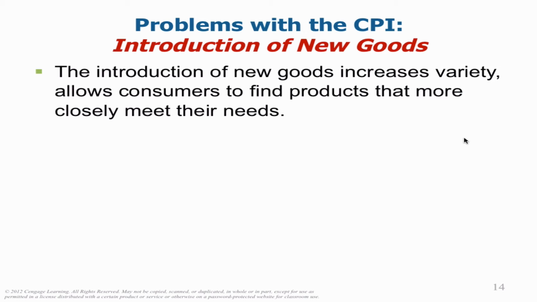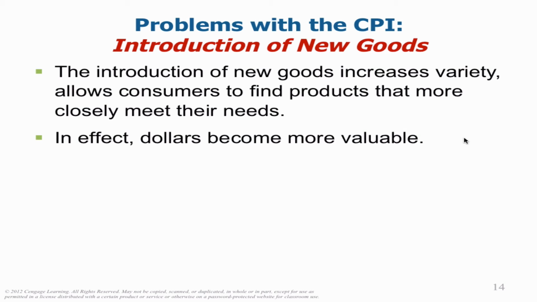Is Greek yogurt more or less expensive than your everyday run-of-the-mill yogurt? Way more expensive. But if you decide that creamier taste is so much better, and that's what you switch to, now all of a sudden CPI is being understated because you're spending more for your fancy Greek yogurt.